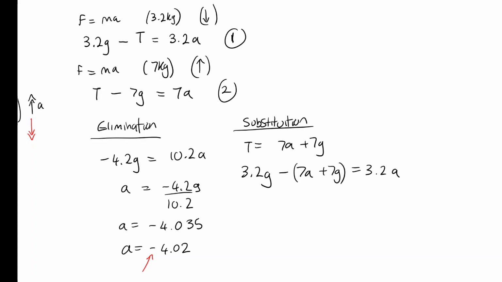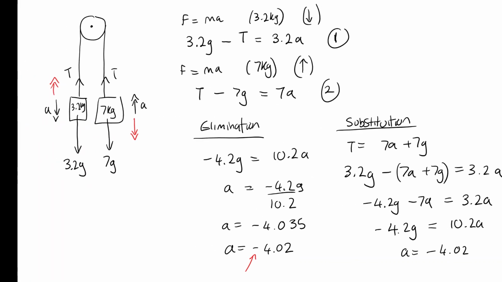So then this leaves us with 3.2g minus 7g. That's again minus 4.2g minus 7a equals 3.2a. So 10.2a on the right and minus 4.2g on the left. This gives us the same thing, minus 4.02. That's it.